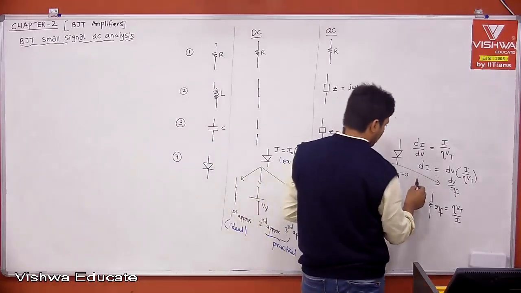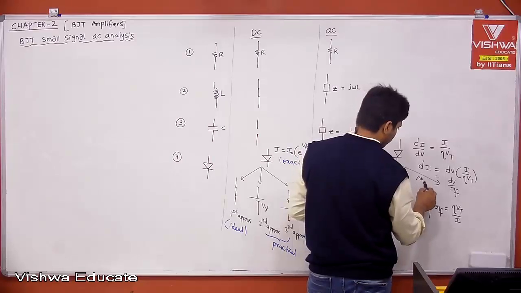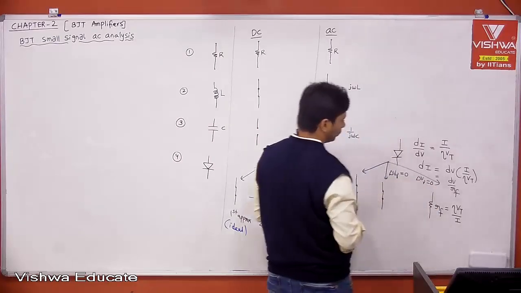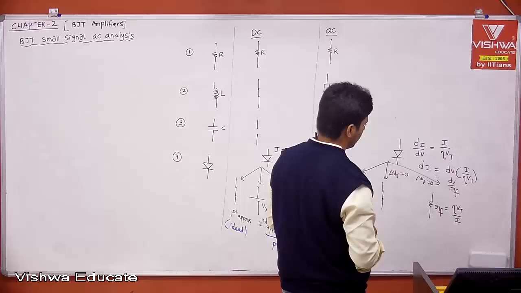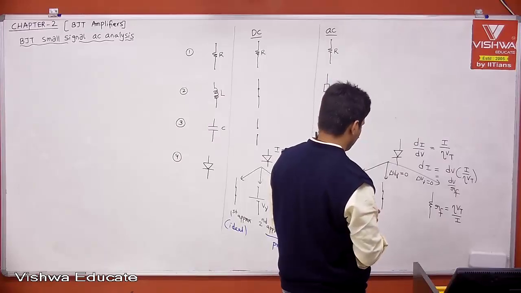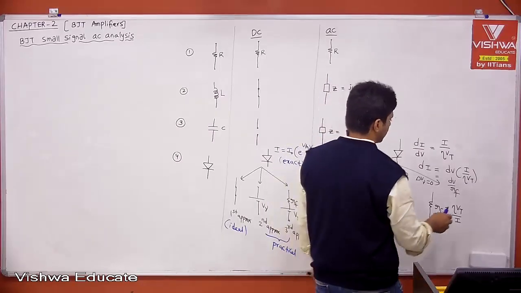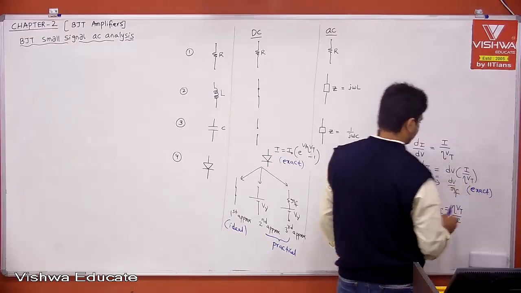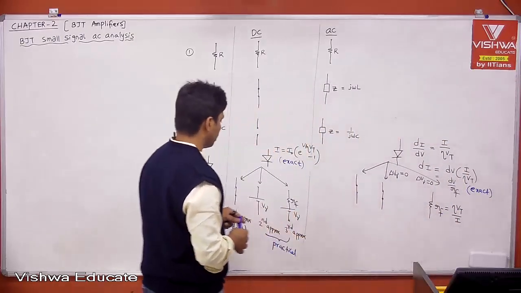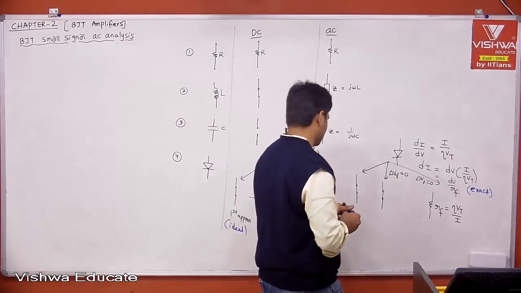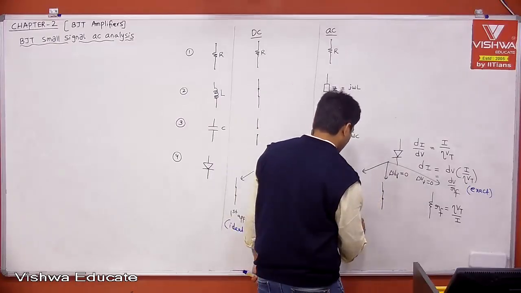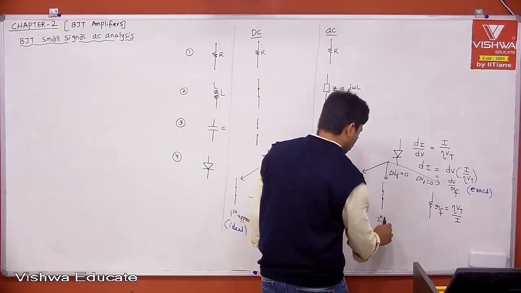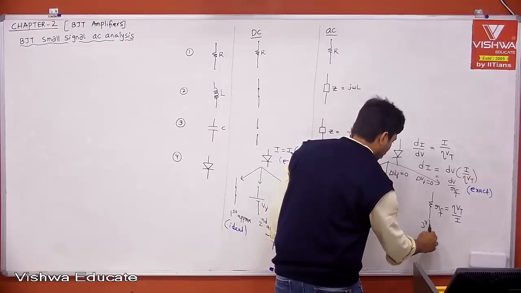Therefore, here also the delta V gamma is equal to 0. This is the exact model. And this is the first approximation, second approximation, and third approximation.